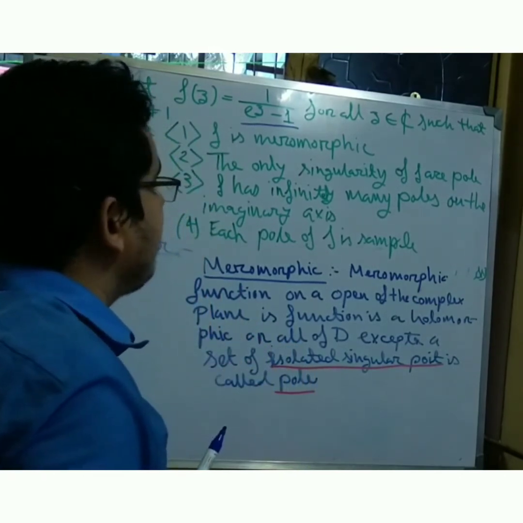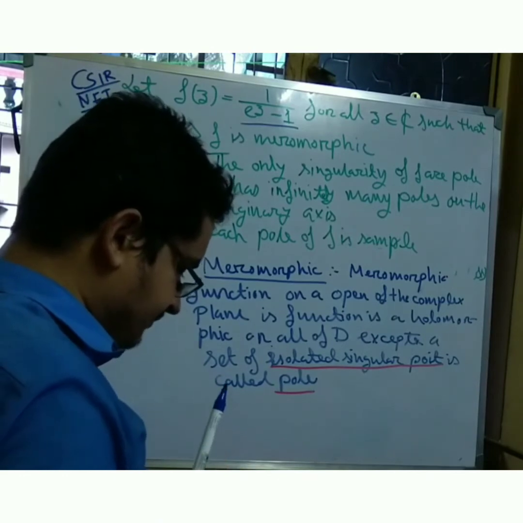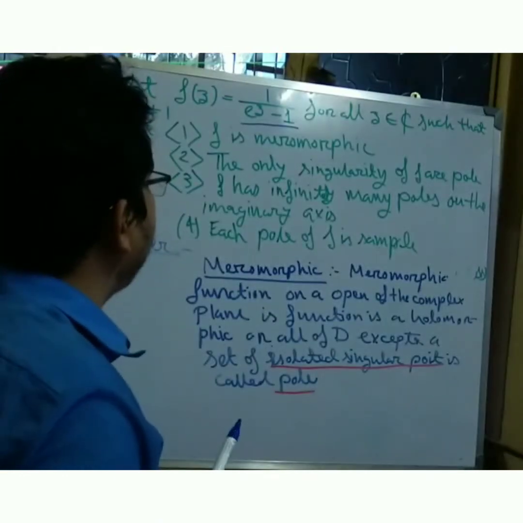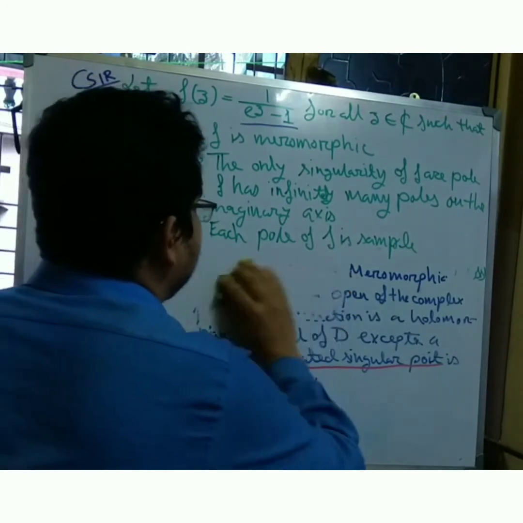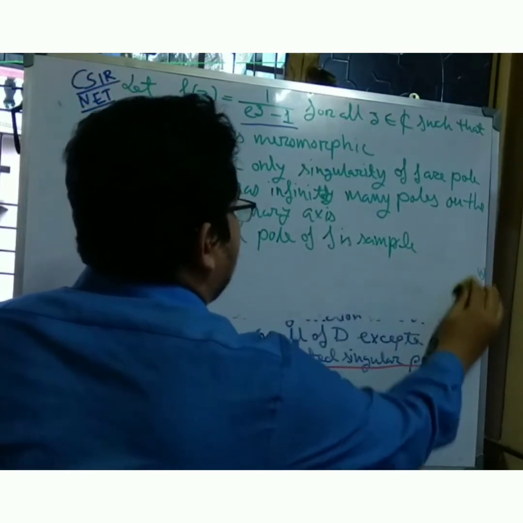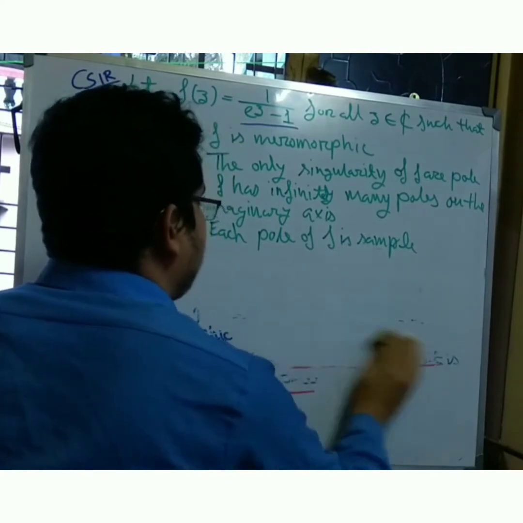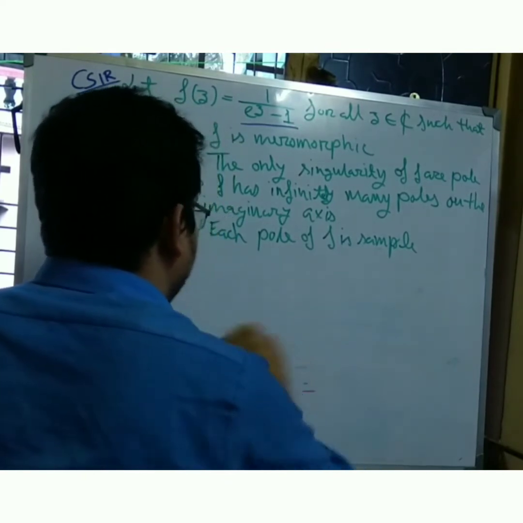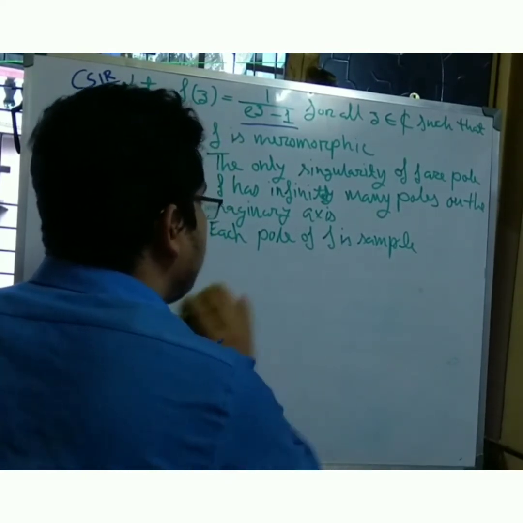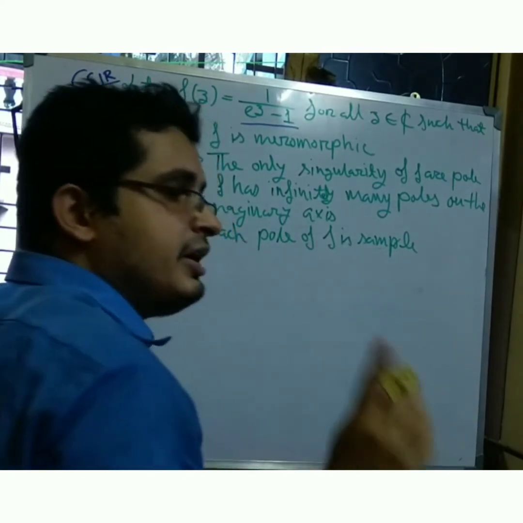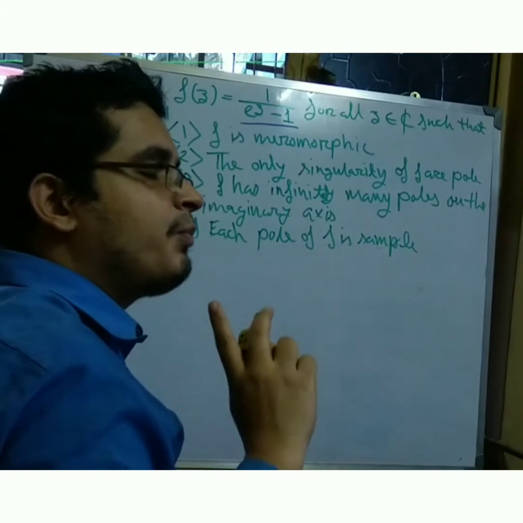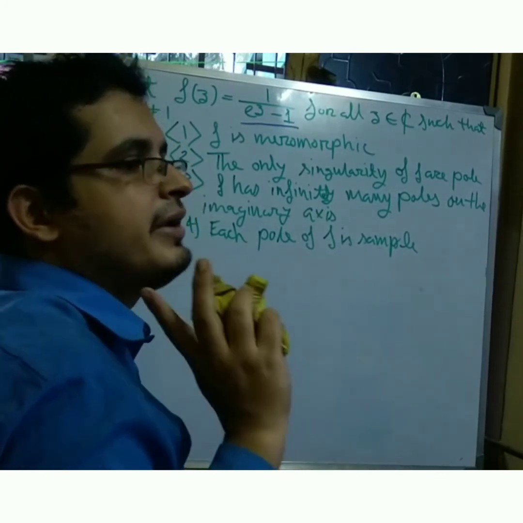So friends, meromorphic functions we have learned, and now I just remove this. I just write the definition of meromorphic. A meromorphic function is a function where the singular points are only poles, and elsewhere it is holomorphic or analytic.